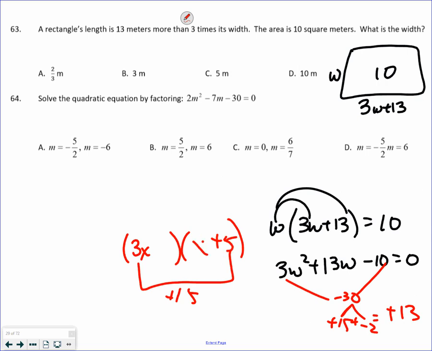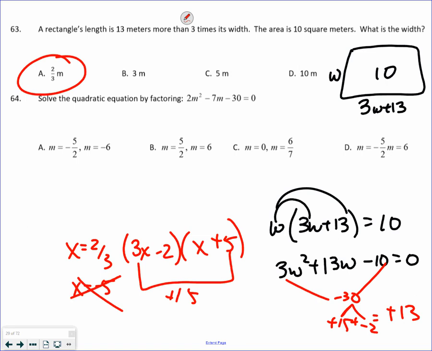And then first times first, last times last. I end up getting x to equal 2/3 and x to equal 5. And so now, what is the actual width? I'm sorry, x to equal negative 5. So the only one that it could be is 2/3 because you can't have a negative width.